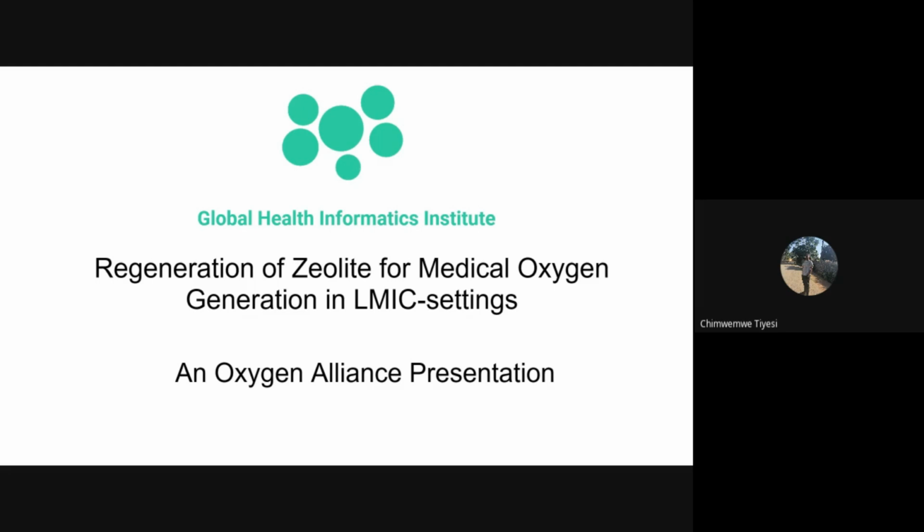With the very same setup, you can regenerate zeolite, but it will take you days on end. Maybe you can approximate 20 or 30 days of regeneration so that you can put the zeolite back in the PSA plant and make it work. I hope that answers your question. No, I think you've got it there.